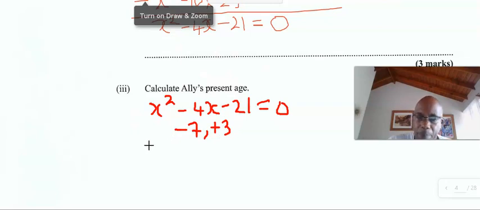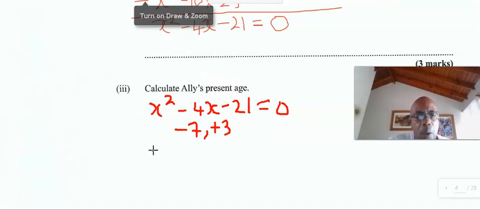The next step is really to replace that middle term minus 4x by the sum of those two factors with x.